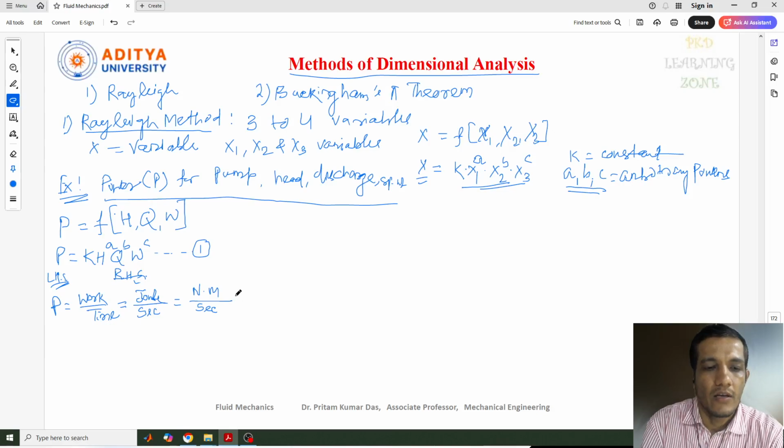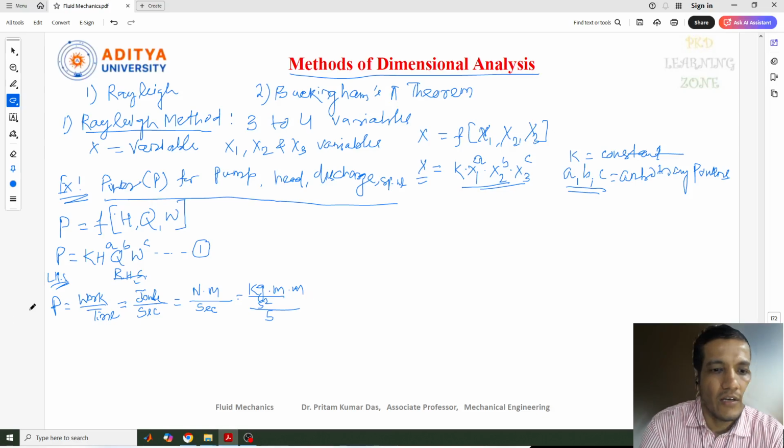Newton can be written as kg meter by second square, into meter, divided by second. Finally, P equals kg in the numerator, meter into meter so meter square, and in the denominator second into second square, so second cube.